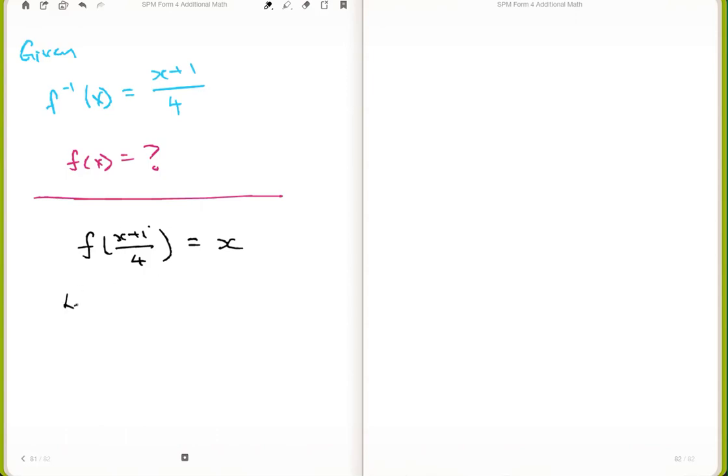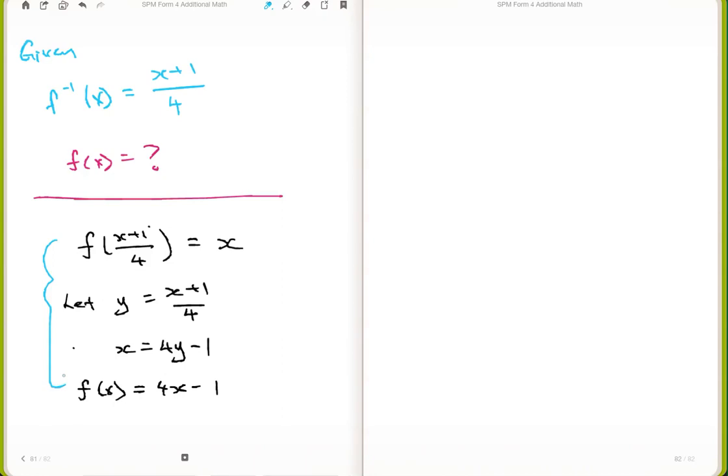So again, you need to let y is equal to x plus 1 over 4. So x will be 4y minus 1. So my f(y), which is my f(x), therefore will be equal to 4x minus 1. Right? This is again a different method to solve those questions.